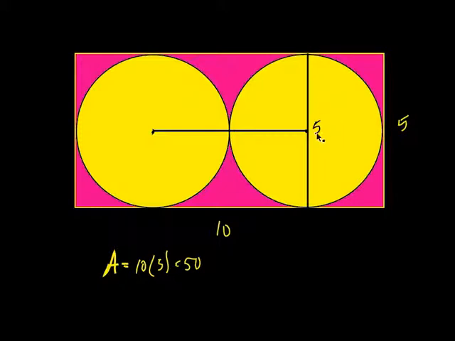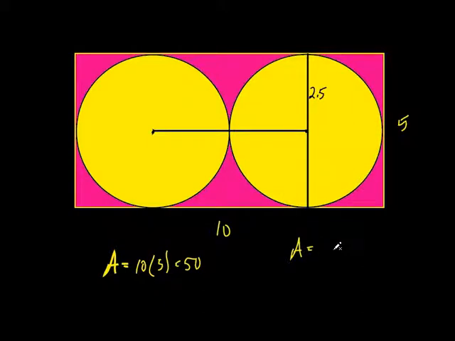So the radius is 2.5. Let's find the area of the circle.